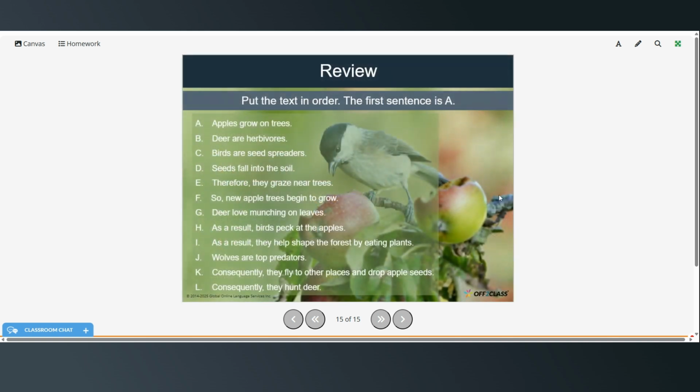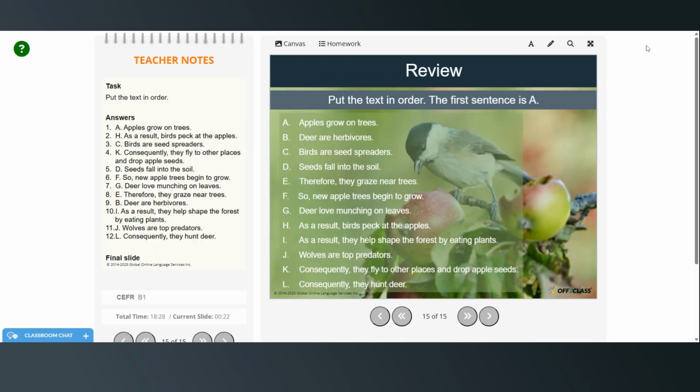All right, so they want you to put these sentences in order. So A is number one, apples grow on trees. So go ahead and try to put these in order on your own and then restart when you're ready to check your answers. All right, so apples grow on trees.